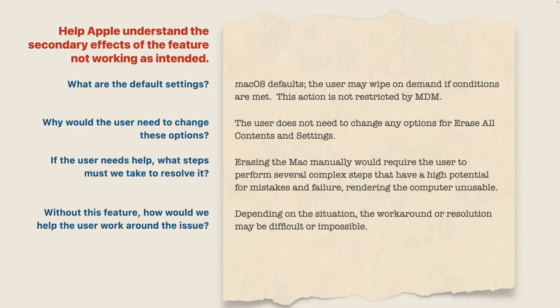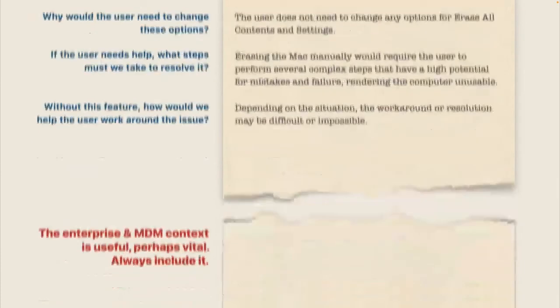Do they have to call the help desk? Is the workaround possible? All of this leads up to letting Apple know how this specific situation is causing problems or causing the user to not be able to do their work. Next slide, please.